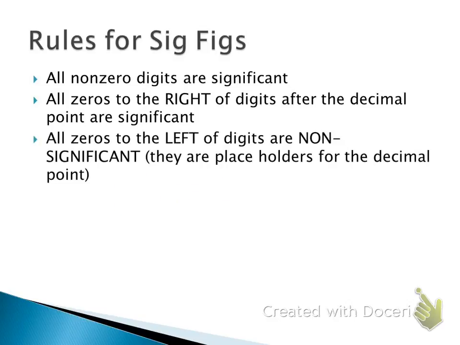Okay? Zeros to the left of digits, whether they're after or before the decimal point doesn't matter. Zeros to the left before any digits start are non-significant. So I'll make this a little bit bigger here. 0.0860.